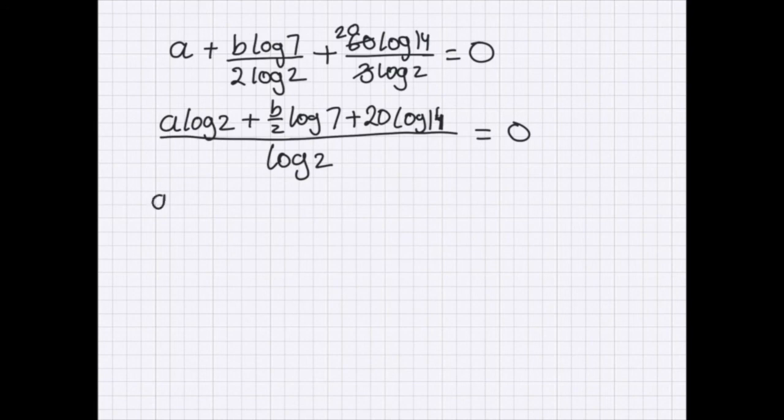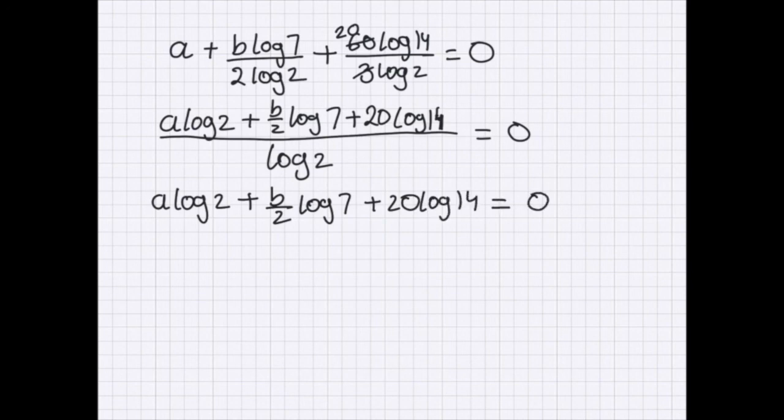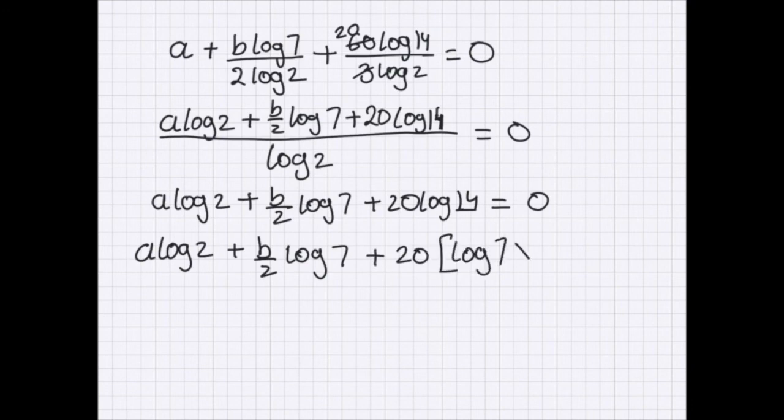So we'll be left with a log 2 plus b over 2 log 7 plus 20 log 14 equal to 0. So let's split the 14 into 2 and 7. So we'll do that like this. Log 2 plus b over 2 log 7 plus 20 log 7 times 2 equal to 0.